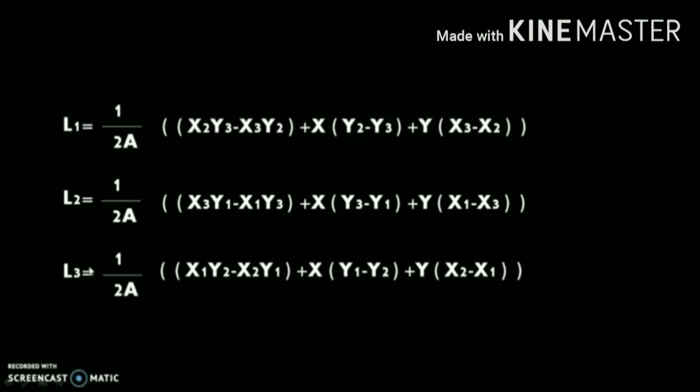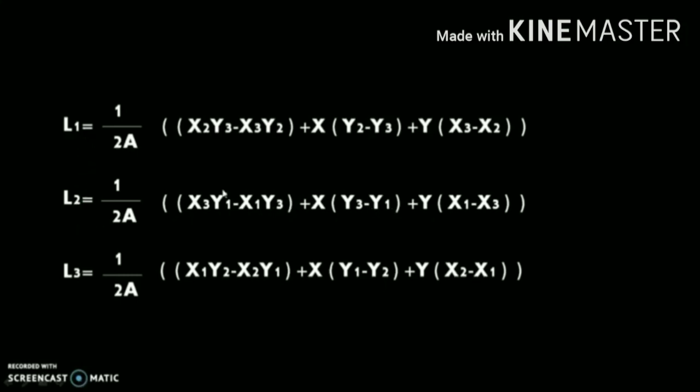Then L3 equal to 1 by 2A into x1 y2 minus x2 y1 plus x into y1 minus y2 plus y into x2 minus x1. This is the final expression that we needed, the expression for natural coordinates L1, L2, L3 in terms of x and y.